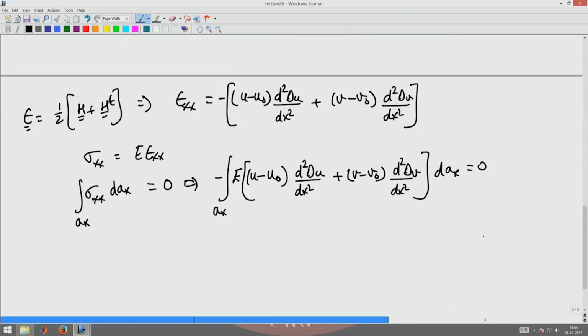Okay. Now, what happens? I assume the beam is homogeneous.